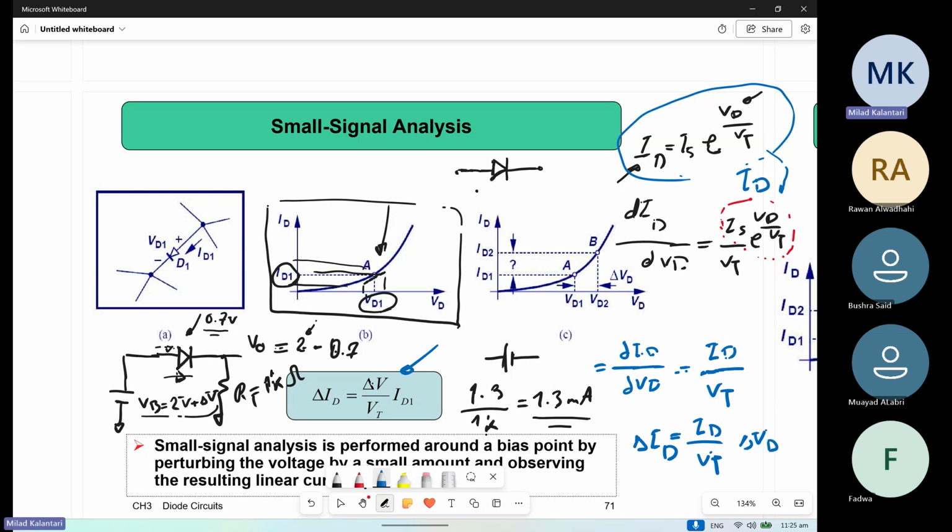And this delta ID equals something times delta VD. Maybe using this one is easier. Let's show it the other way.